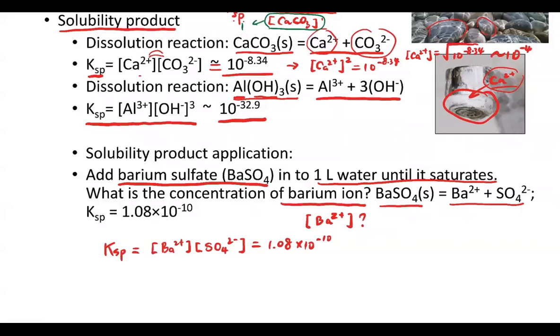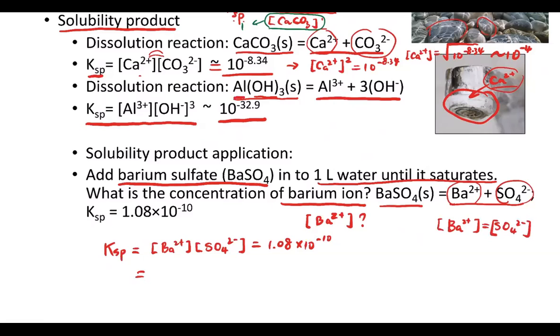Further, since we're directly dissolving this salt in pure water, according to the stoichiometry, every 1 mole of barium ion corresponds with 1 mole of sulfate ion because there is no pre-existing sulfate in the water, right? That's why the barium ion concentration should be equal to the sulfate ion concentration.